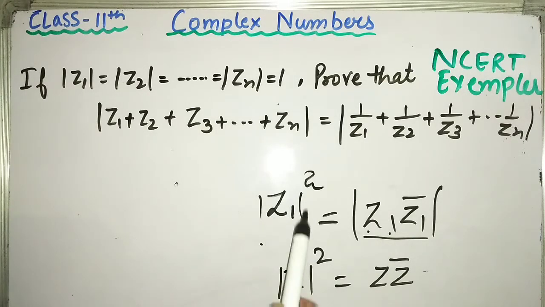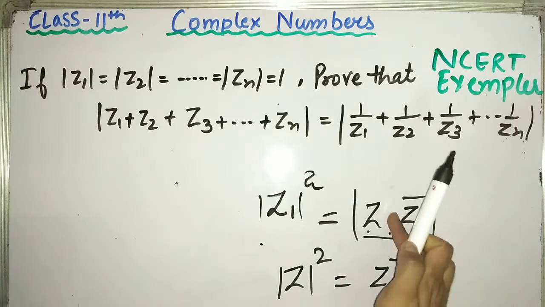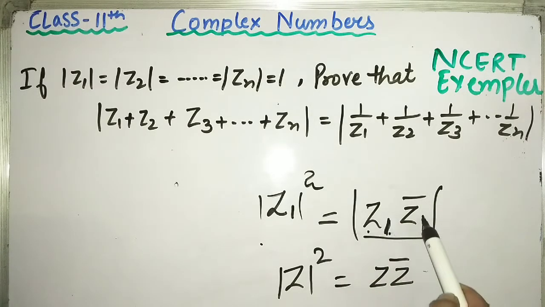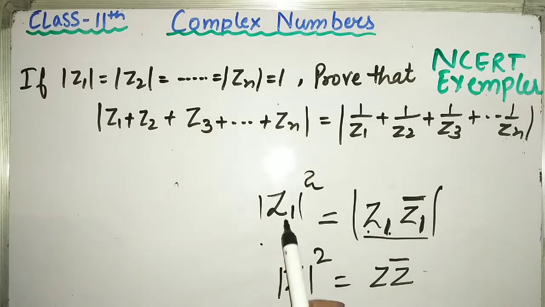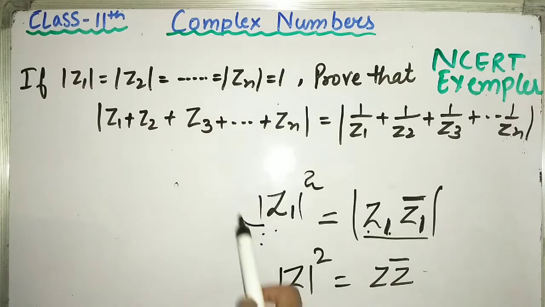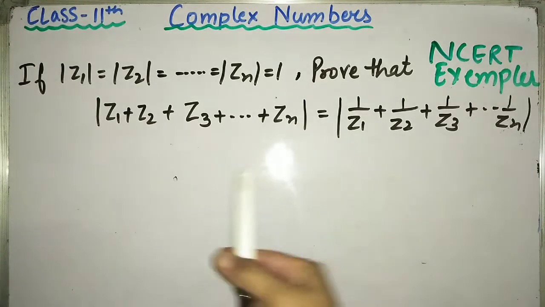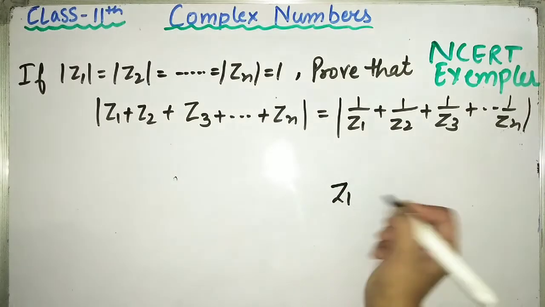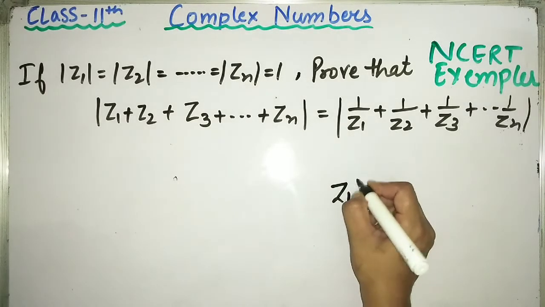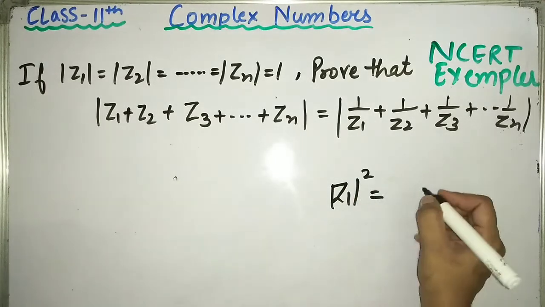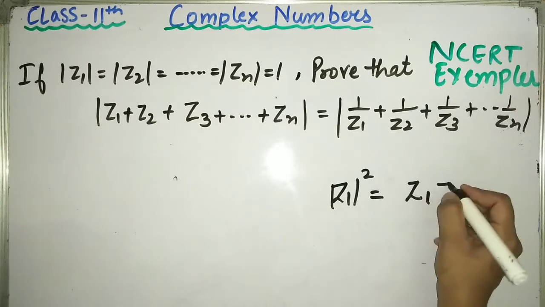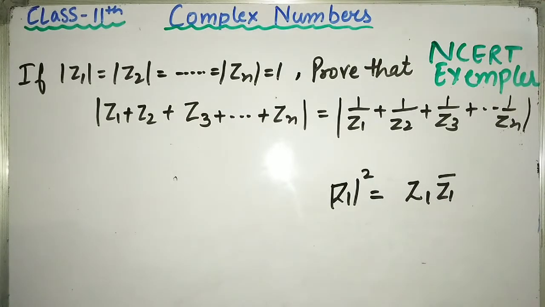Modulus of Z1 square equals Z1 bar. Okay, now how to use this result to make the right hand side? What I am going to do now, let me take a number from this modulus. I am taking modulus of Z1 square equals Z1 bar.